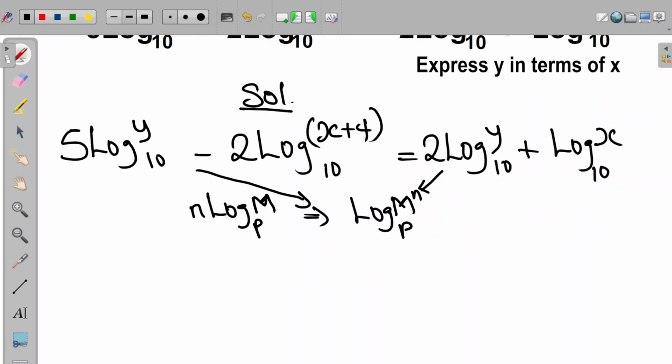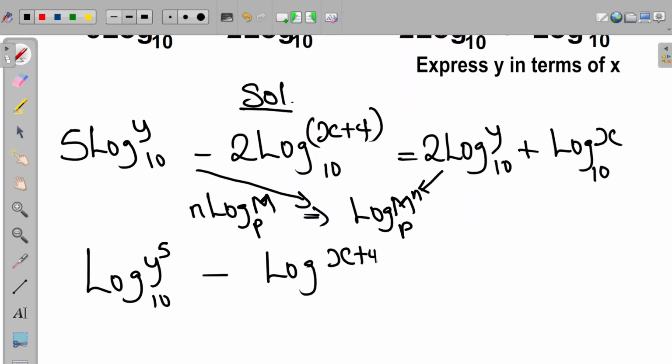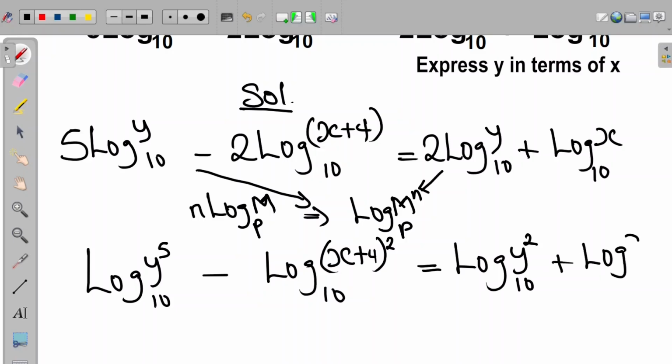So we now have it that the equation becomes log y raised to the power of 5 to base 10 minus log (x plus 4) all raised to the power of 2 in base 10 will be equal to log y raised to the power of 2 in base 10 plus log x all in base 10.